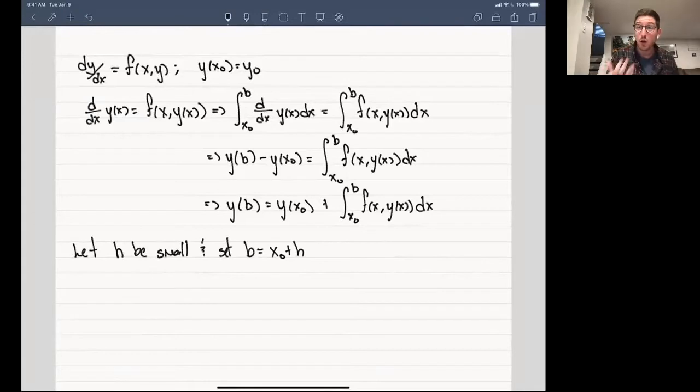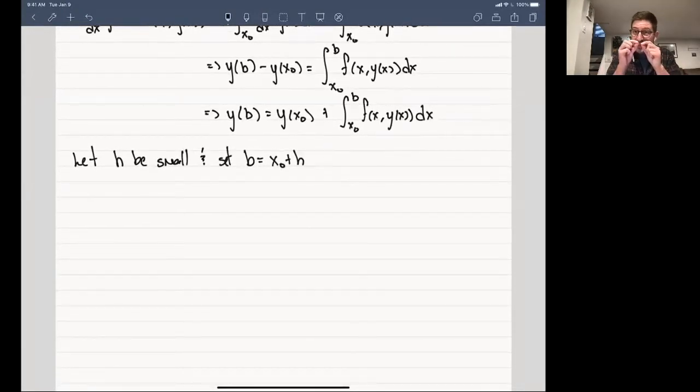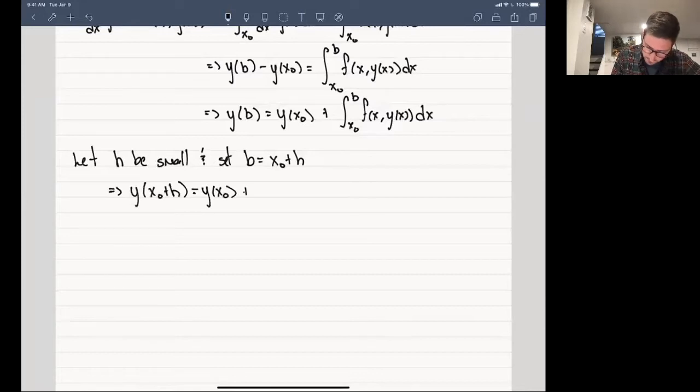So I don't even want to go that far. I just want to know what the function looks like, one tiny little step further. Well, in this case, I get y of x0 plus h, the next point. This is where you started, plus an integral over barely anything at all.